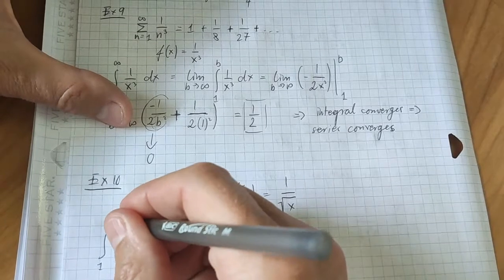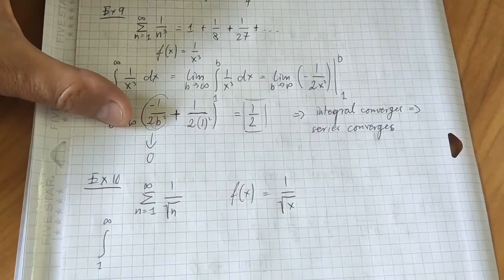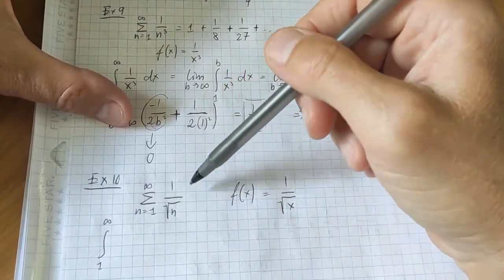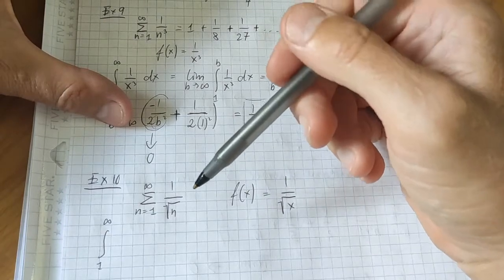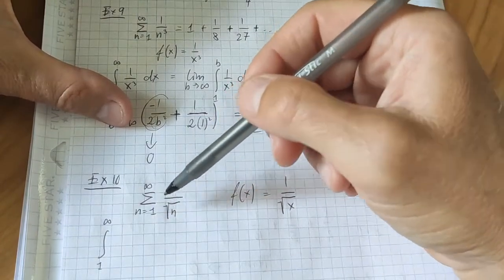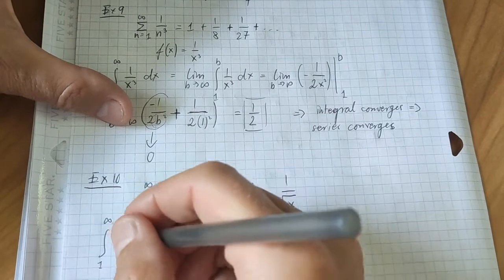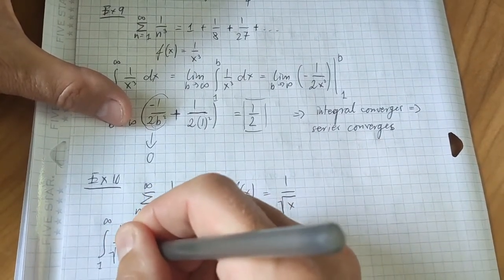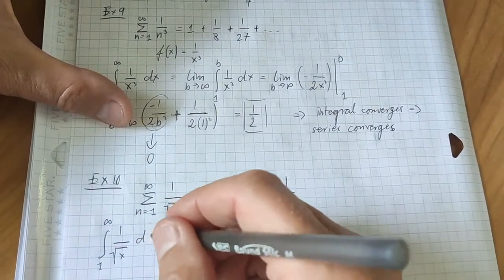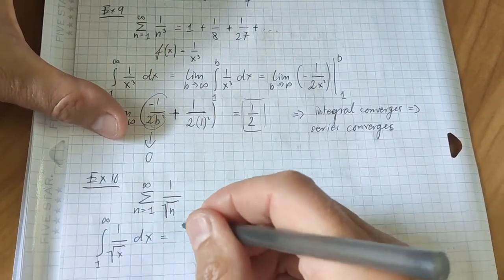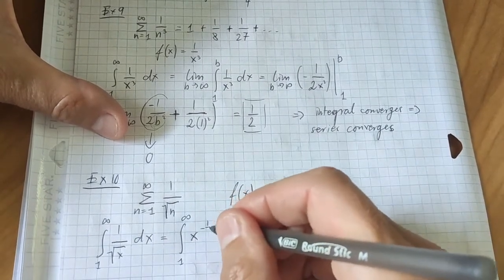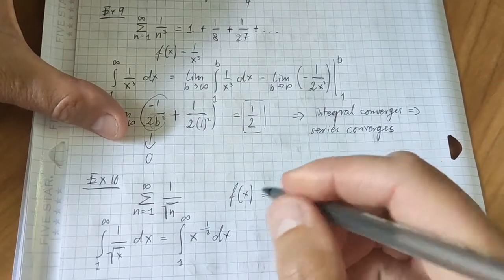So from 1 to infinity, I guess we could write a couple of terms, and we will see that those terms tend to 0 as n approaches infinity. So we cannot tell for sure what's happening. Let's do our integral test. So here is my integral from 1 to infinity of x to the negative half dx.